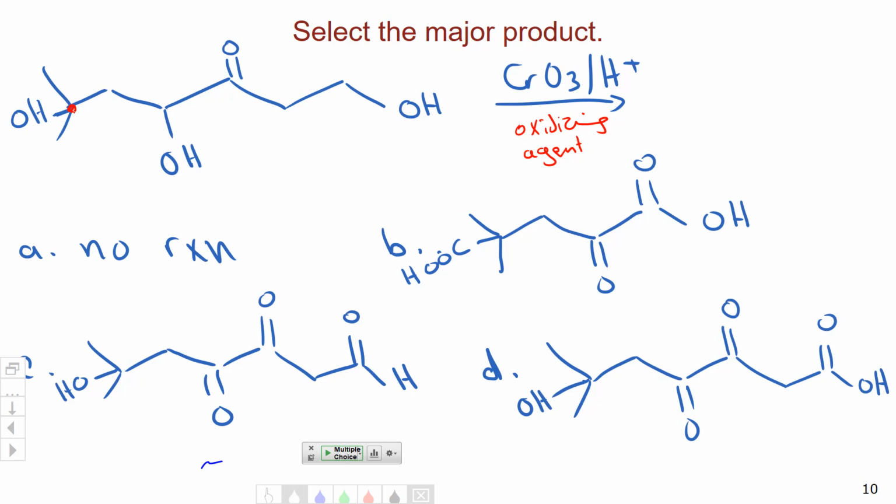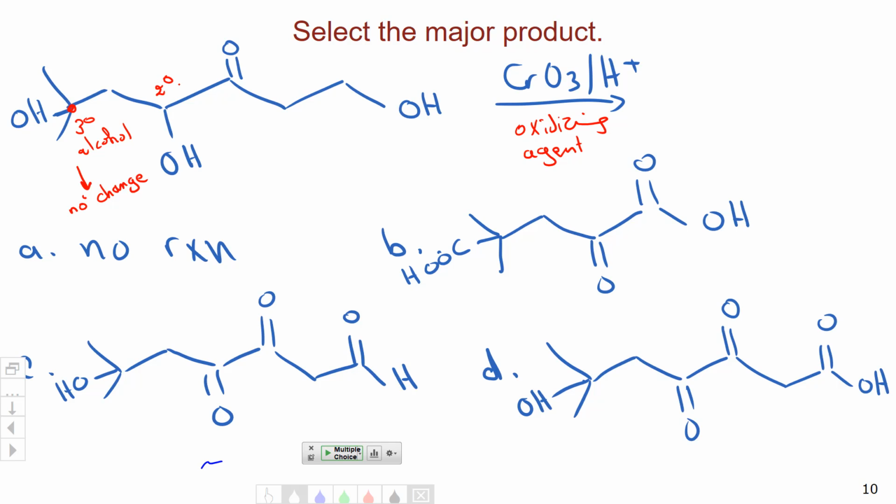Let's start in here. This is a tertiary alcohol, and I'm adding an oxidizing agent. Tertiary alcohols are resistant to oxidation. In other words, for oxidation to take place, the requirement is at least one hydrogen connected to the carbon of the OH. So this is resistant to oxidation, no change. It's going to stay as is.